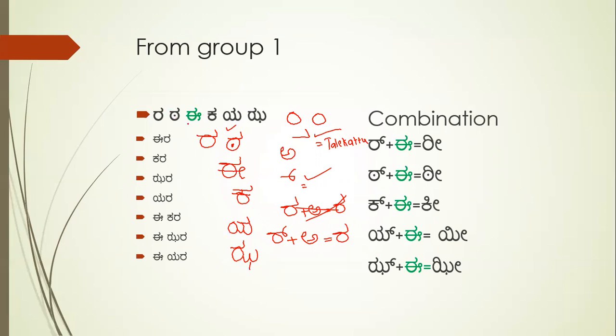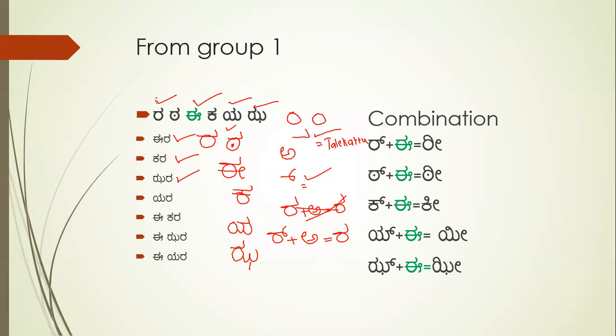Now I'll tell you how to read it. Kannada has complete pronunciation. If I take E and R together, it becomes era. Then if I add K and R, it becomes kara. If I take J and R combination, it is jara.